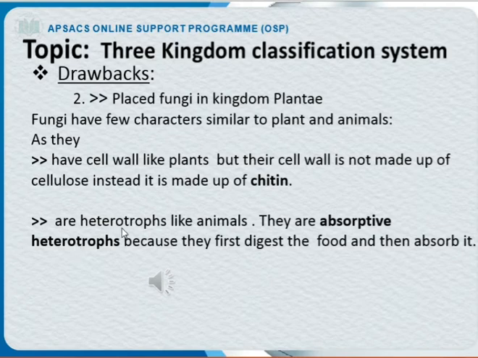And fungi are heterotrophs like animals, but their mode of nutrition is absorptive heterotroph. That means they first release the enzyme to digest the food and then absorb it. So they are somehow different from plants and animals both. So they were kept in kingdom Plantae. That was wrong.